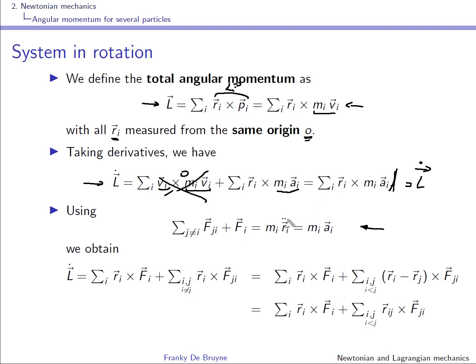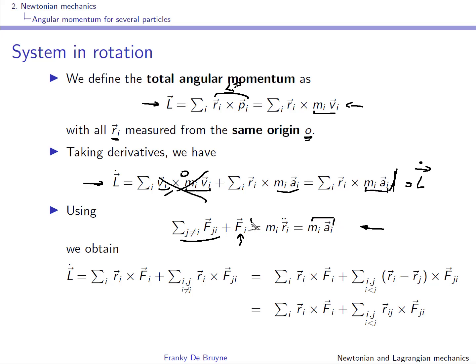Mass times acceleration vector is the sum of the external forces acting on particle i, and here is the sum of all internal forces, right? This is something we've seen in a previous slide, and you see that we have the same quantity over here.